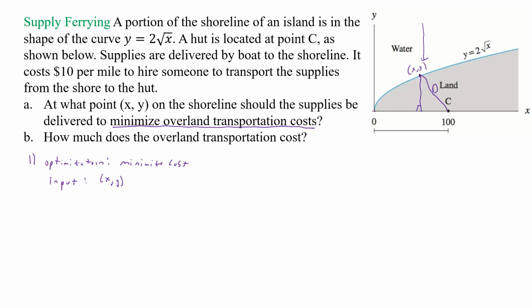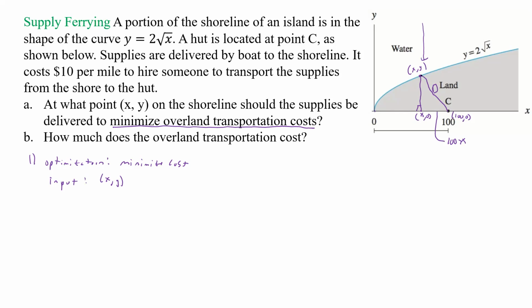Well, if that's x, that means that point is x, and it's really x comma 0. So we know that point is 100 comma 0. We know that that point is x comma y. We know this distance because we can just subtract those, and so that distance is 100 minus x.